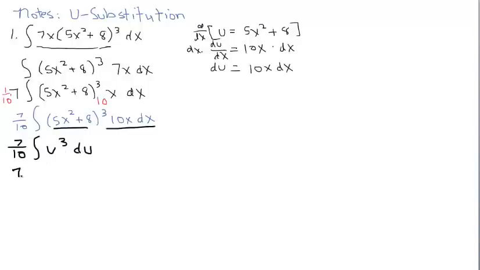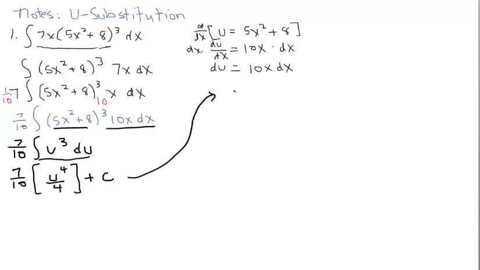So proceeding forward, 7/10. Okay, I'm ready to integrate. So this becomes u to the 4th: increase the exponent by 1, divide by the new exponent, and then I also have a plus c. I'm just going to put the plus c, the constant of integration, right here on the outside. So I'm going to come up here, save some space.